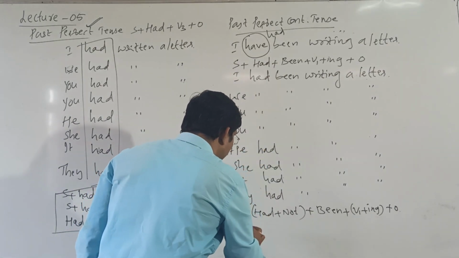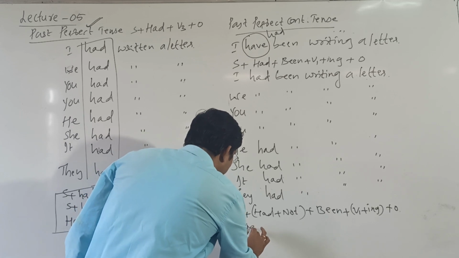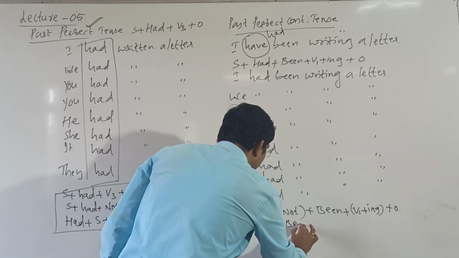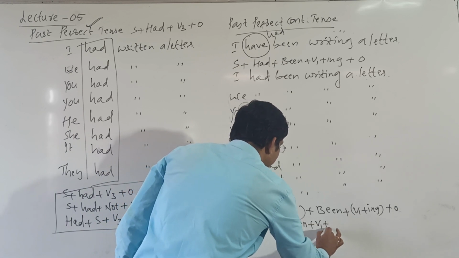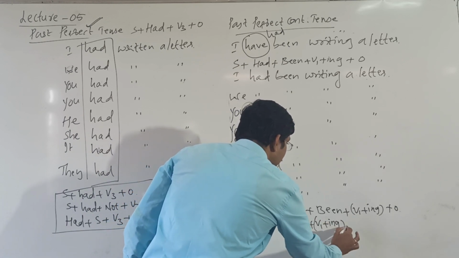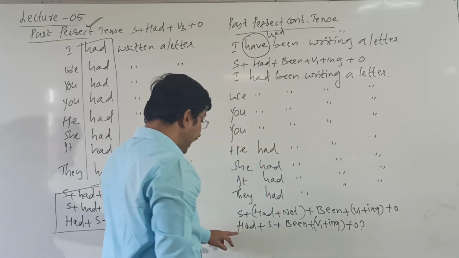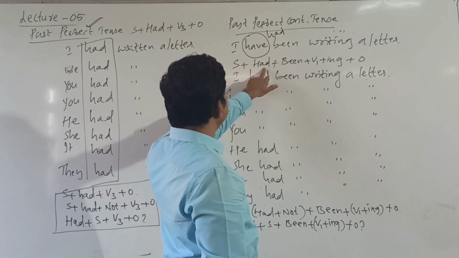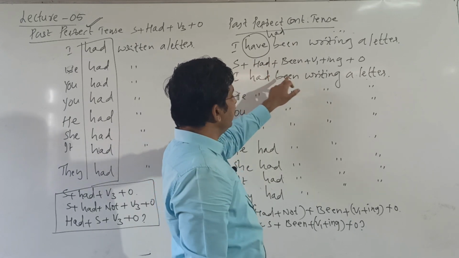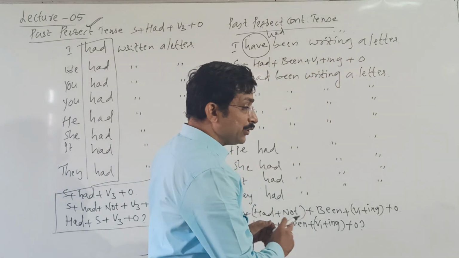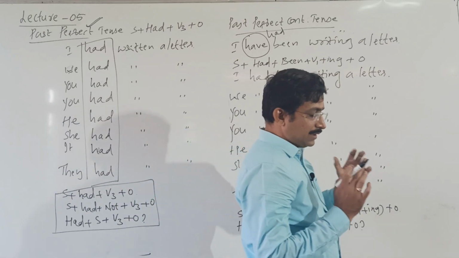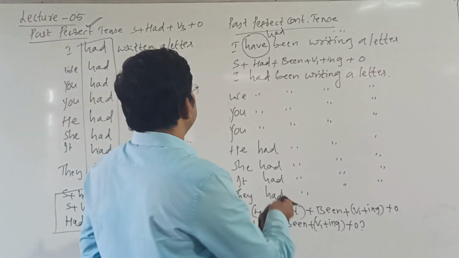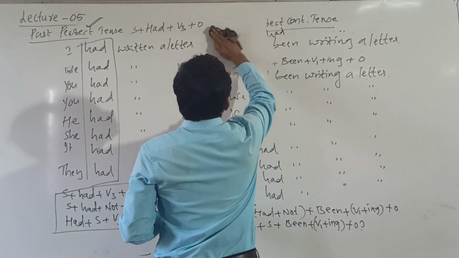Then the interrogative form of this one is had plus subject plus been plus V1 plus ing plus object: Had I been writing a letter. So that is the interrogative form. This is the past tense. We will see all the structures of past tense now.